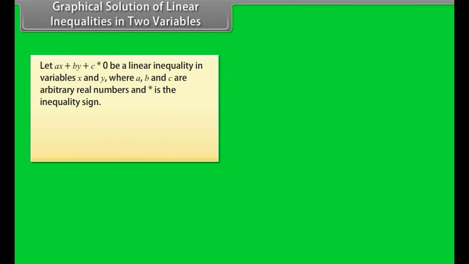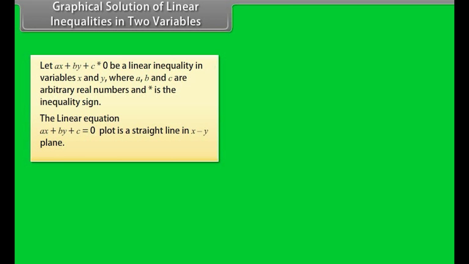Graphical solution of linear inequalities in 2 variables. Let ax plus by plus c star 0 be a linear inequality in variables x and y, where a, b and c are arbitrary real numbers and star is the inequality sign. The linear equation ax plus by plus c is equal to 0 plot is a straight line in xy plane.